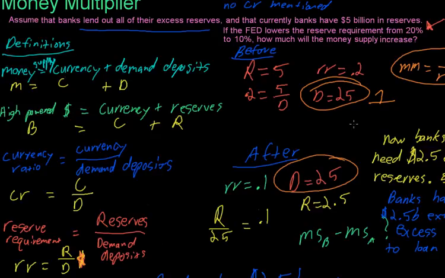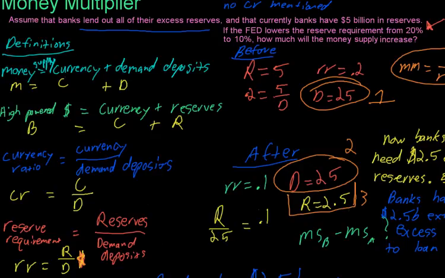So then we know with the new reserve requirement, we go ahead and figure out what the amount of required reserves are going to be after the change is made. So we know what demand deposits are and we know what the new reserve requirement is, 0.1 in this case. So that gets us that the new amount of required reserves right here, so this is step 2, this would be step 3, that the new amount of required reserves is $2.5 billion, just the amount of demand deposits times the reserve requirement.